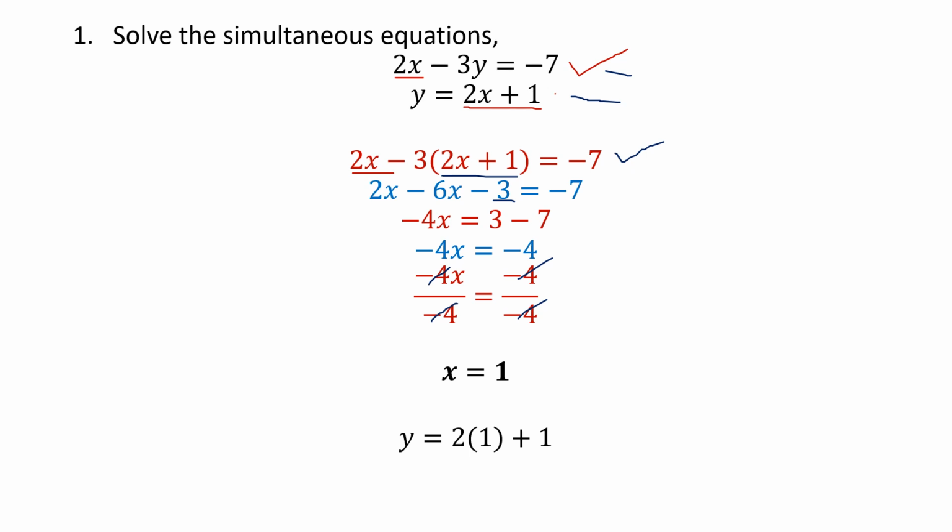I am now substituting 1 for x here. It was 2x plus 1. It is now 2, then instead of x, I am writing 1 because x is equal to 1. So it's 2 times 1 plus 1, and this simplifies to 3. So y is equal to 3.